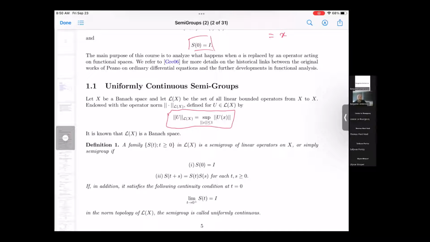Now, if in addition you have that S of t converges to the identity in the operator norm as t goes towards 0, then the semigroup is called uniformly continuous.